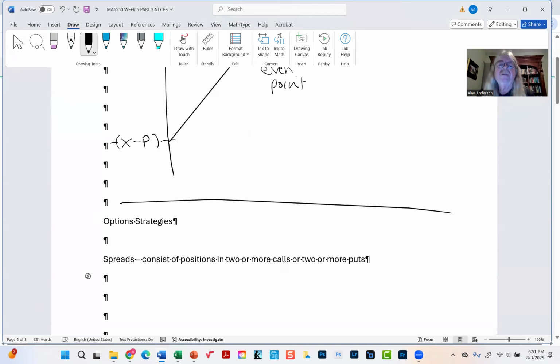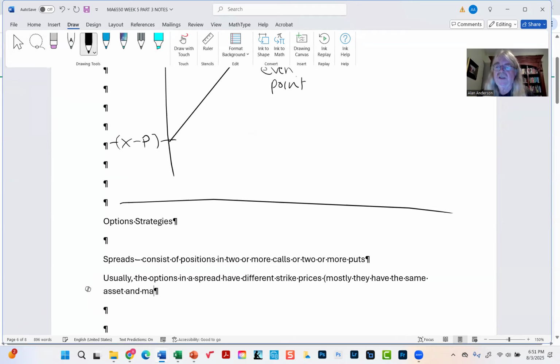So usually the options in a spread have different exercise or strike prices. Mostly they have the same underlying asset and trading. If they don't, then it's a different position than the one we're looking at here.